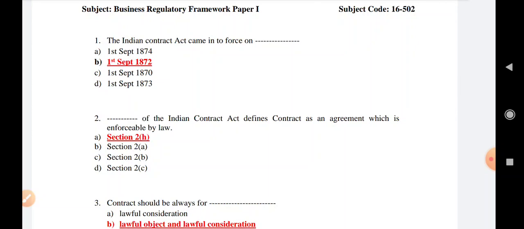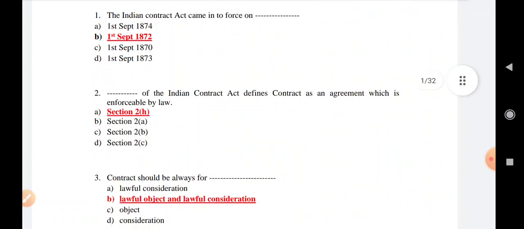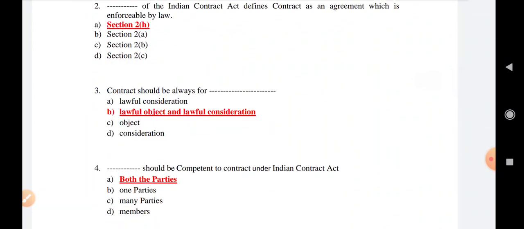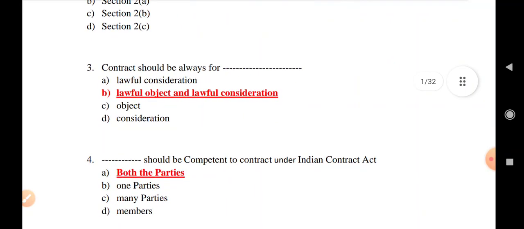If we are talking about contract and agreement, Section 2(h) is very important. According to Section 2(h), we define contract as an agreement which is enforceable by law. So you need to choose Section 2 sub-clause (h). Next: a contract should always be for a lawful object and lawful consideration. So option B is the correct answer.